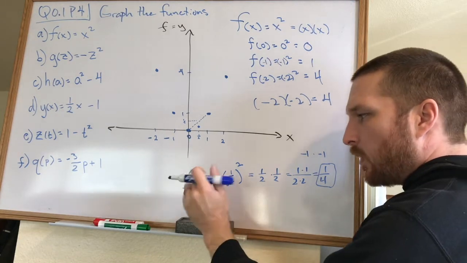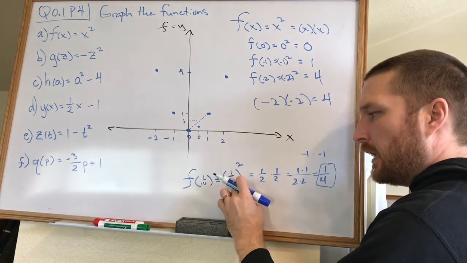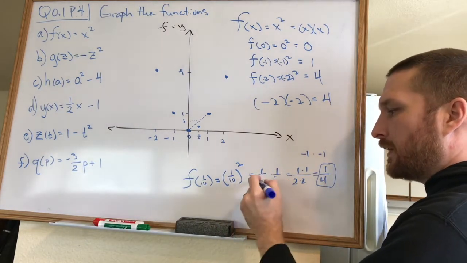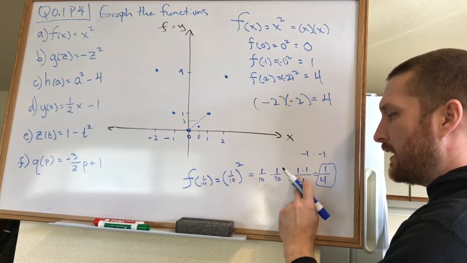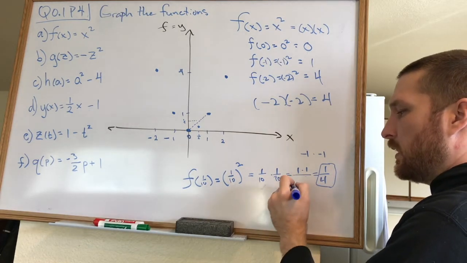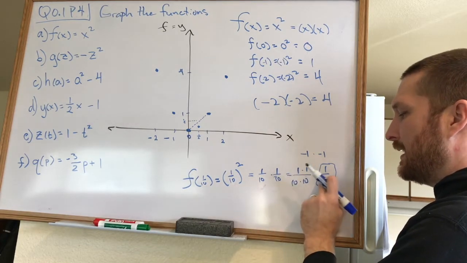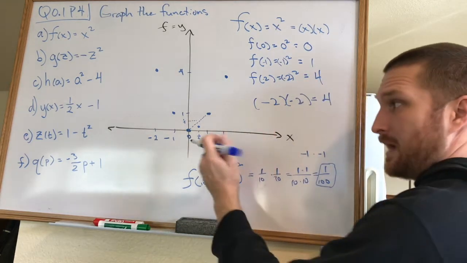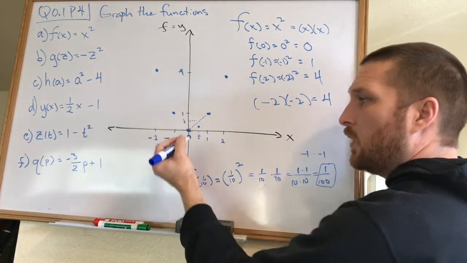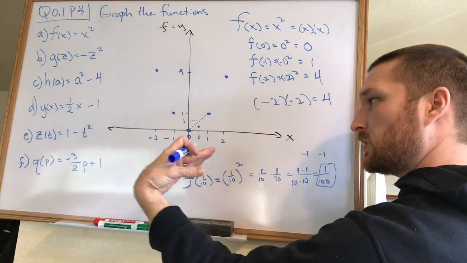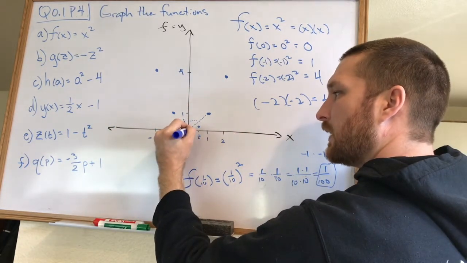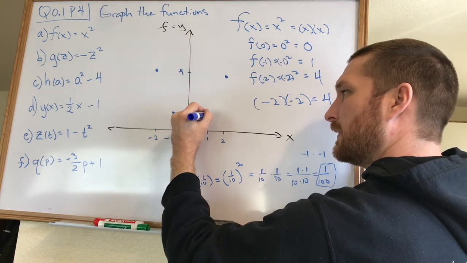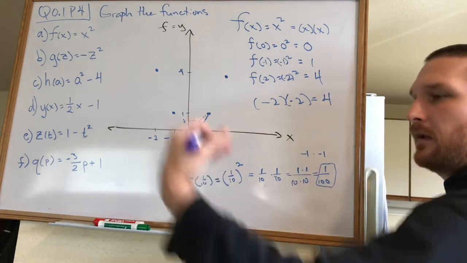So when we're at 1/10 and you square 1/10, you get 1 over 10 times 1 over 10. 1 times 1 over 10 times 10, that's 1 over 100. And so now we're way down there, right? And so what this does is it kind of scoops up this way. It starts really low, and then starts moving up faster like that, right?